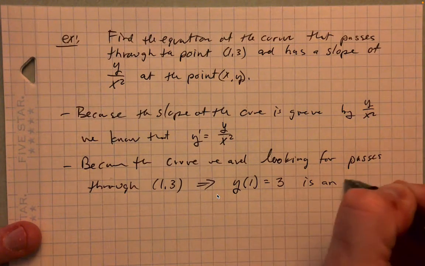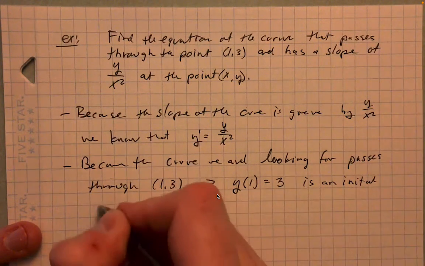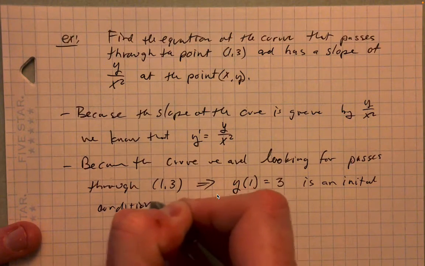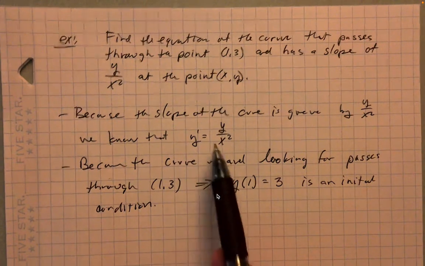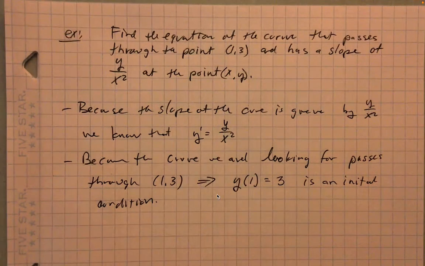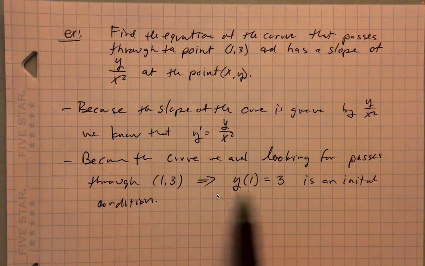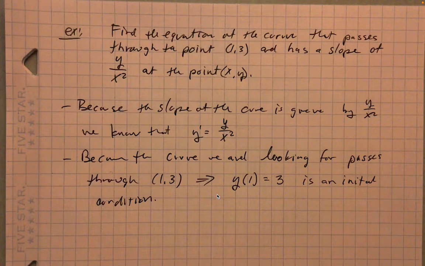It's going to help us narrow down which curve we're talking about. There could be an infinite number of curves that have this as its derivative. Which one are we looking for? There's only going to be one that passes through this particular point and has that derivative. Okay, so let's go find the curve.